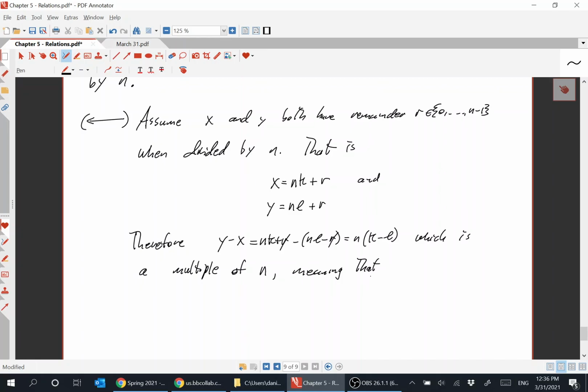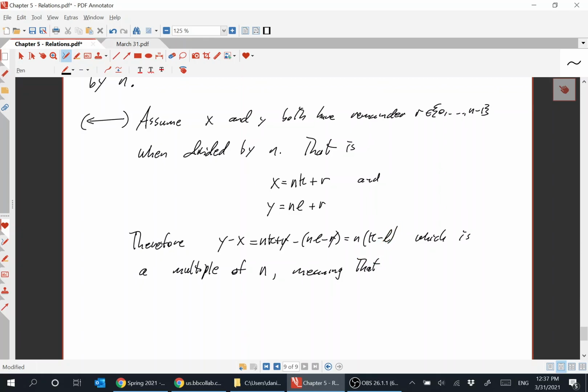So y minus x is a multiple of n, which means what? It's n times l minus k.